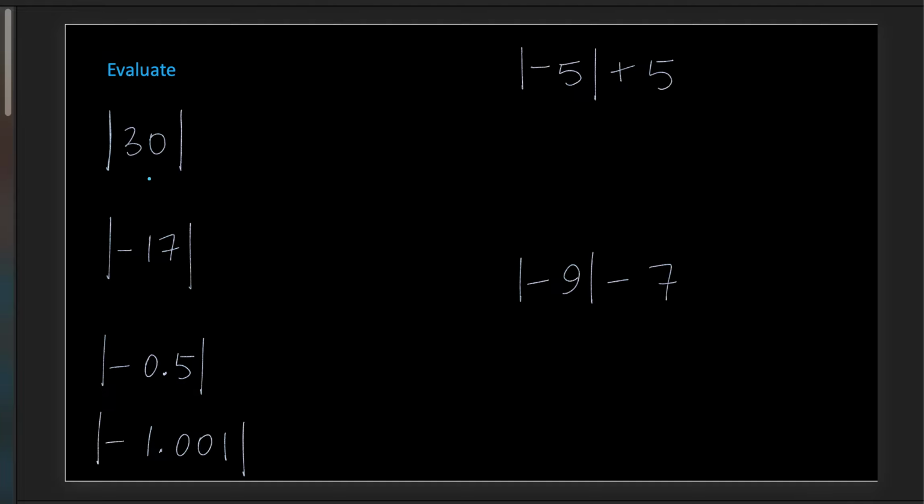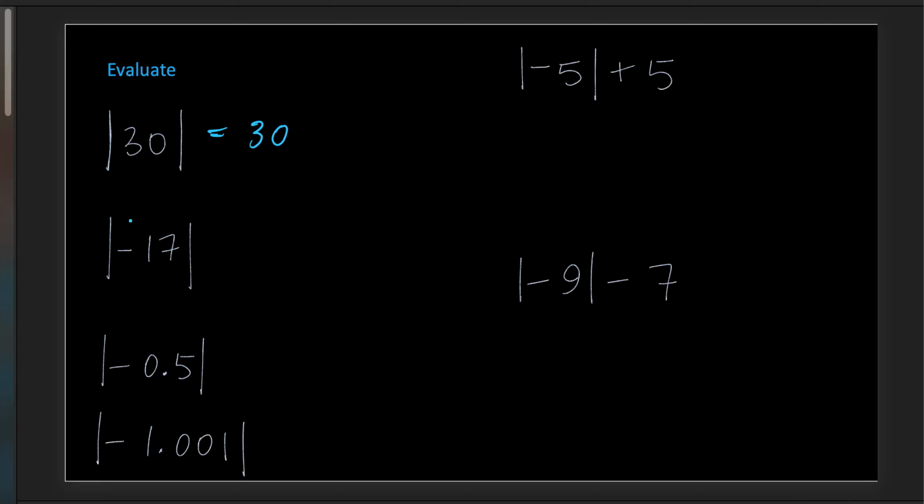So when you have a 30 or a negative 17 inside absolute value signs, the absolute value signs mean make all of this positive. What's inside, make it positive. It's just always positive. So even though the 30's positive, we evaluate this as 30. The answer is 30.